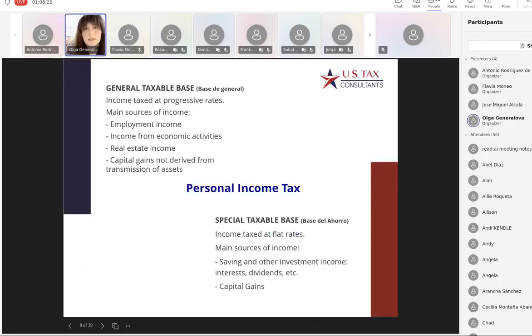In this slide, you can see how the Spanish tax agency classifies income and places it either in the general base or in the savings base. In Spain, there is one point: gains and losses can only be offset within the same taxable category.